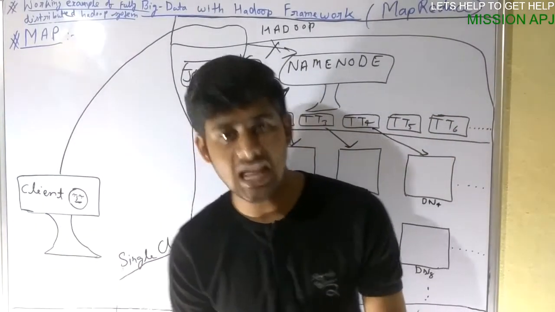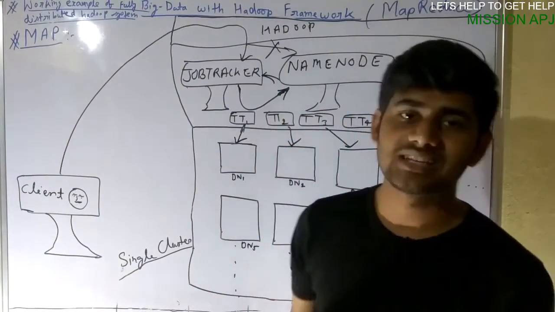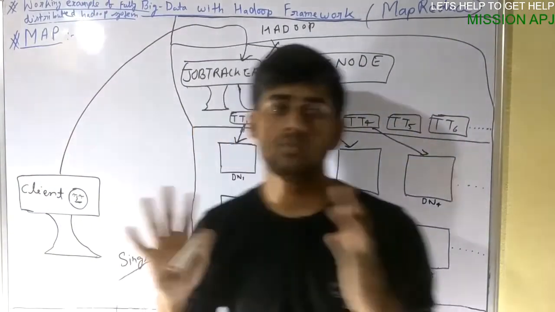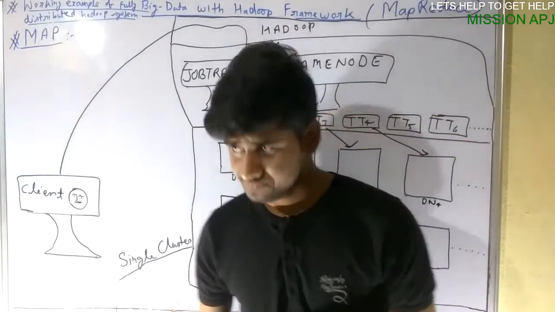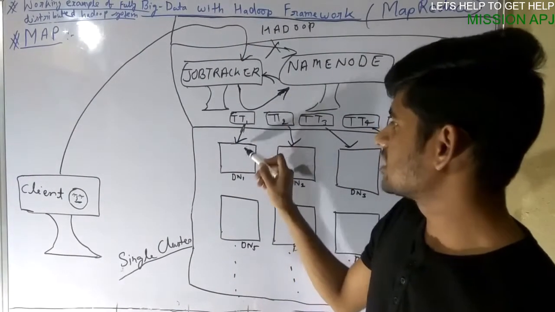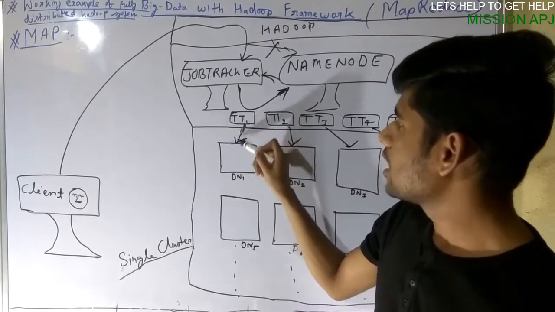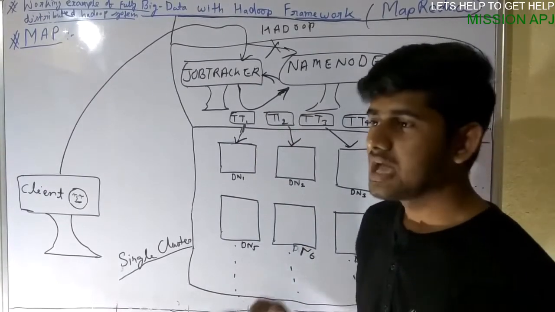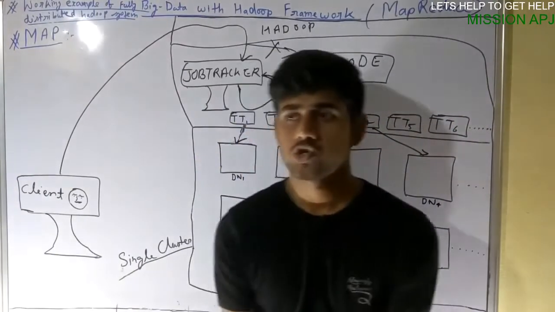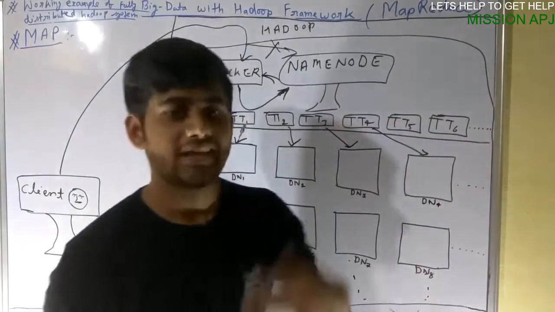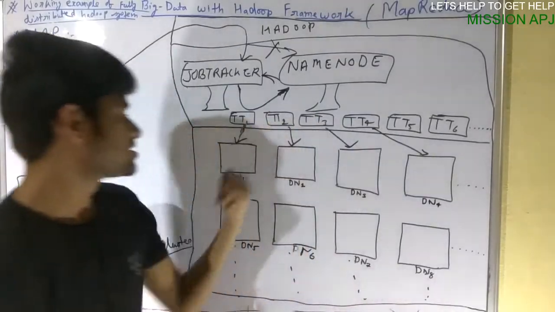So map is an algorithm which is initiated by this task tracker, and it will work upon data node 1. So this task tracker initiated the map algorithm, and a mapper has been initiated to work upon this data.